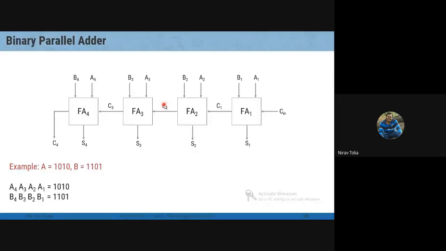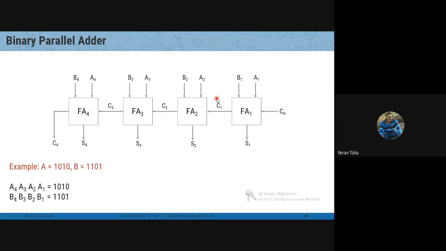Okay, so let's start. What we have in the starting when we are adding. Once we start adding, we have A1, B1, A2, B2, A3, B3, A4, B4 directly, and the last thing we have is Cin, which is always 0. So we have these, but we do not have C1, C2, and C3 at the same instant.